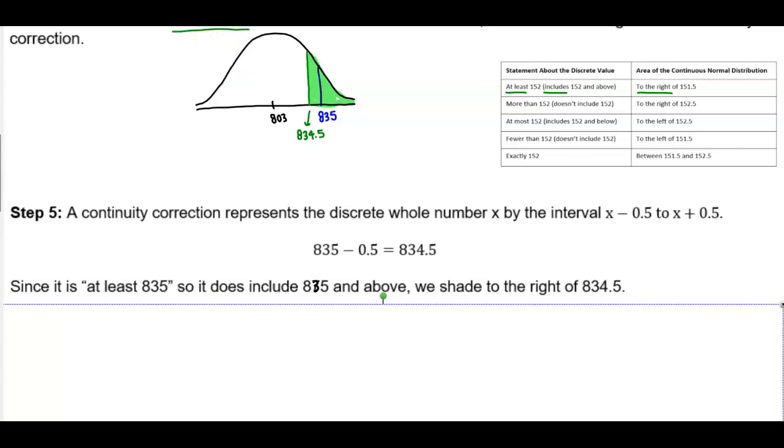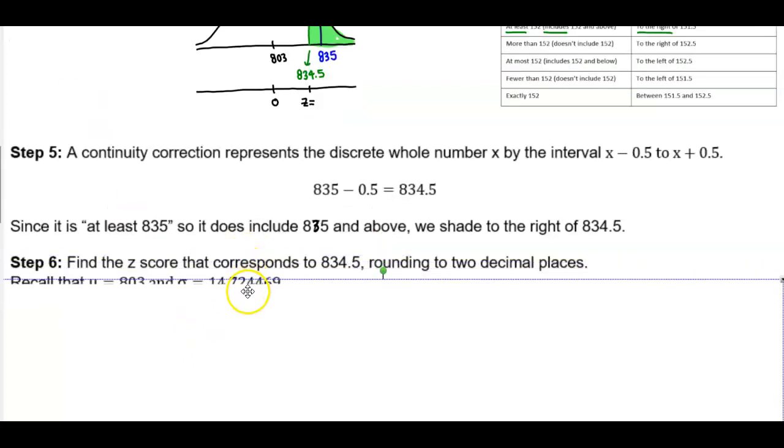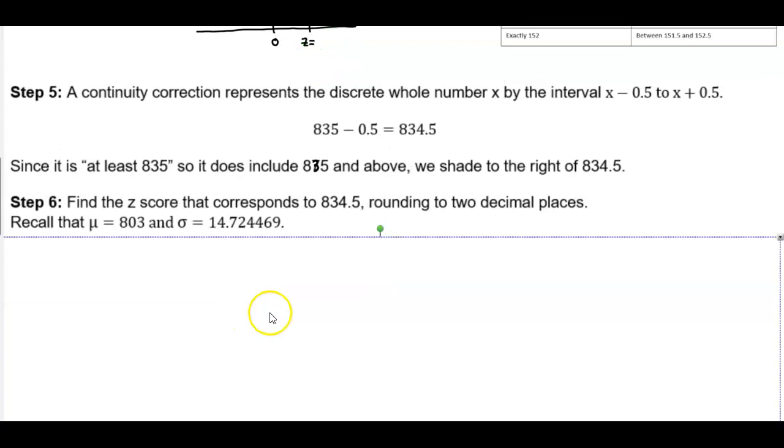Now that we've done that, we need to convert that 834.5 to a z-score. So we're going to draw the z-scale right underneath our bell curve. Therefore, the mean is going to be 0. We want to find the z-score for 834.5, rounding it to 2 decimal places.